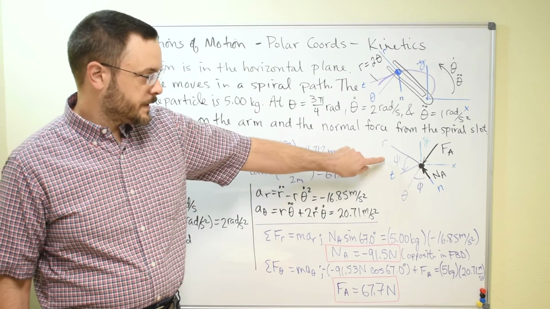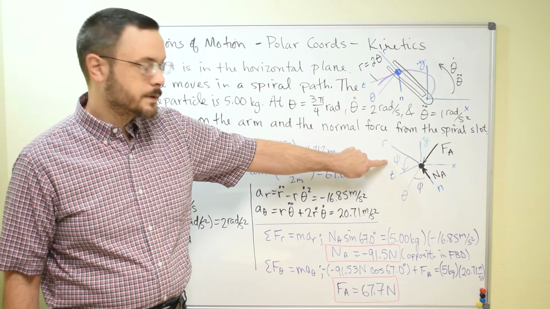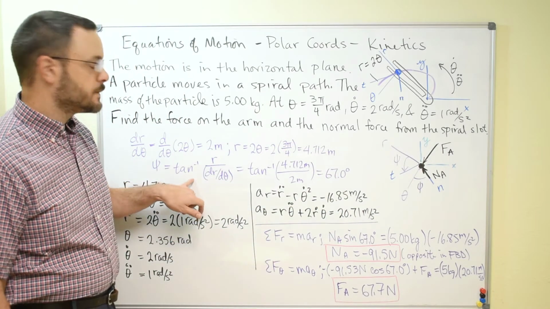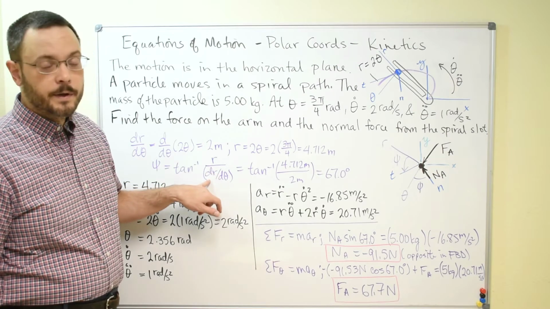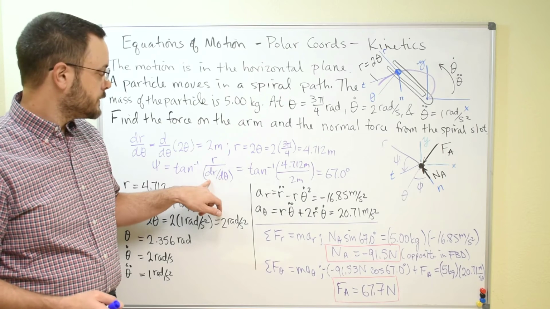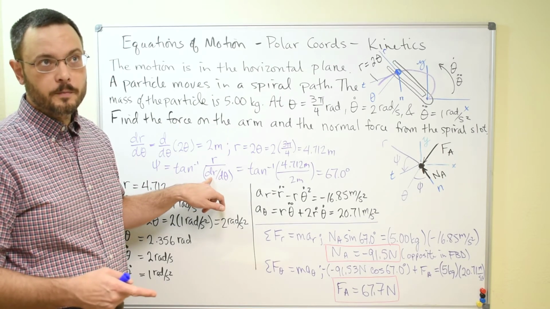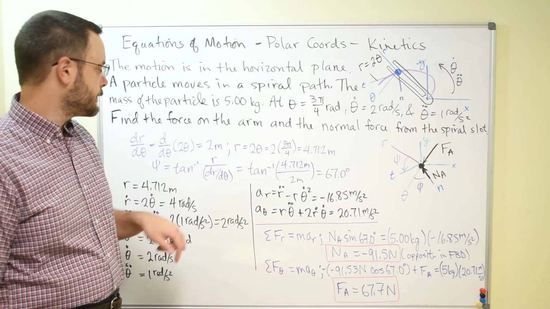So our first step with these is to relate the two coordinates together, and we can do this with this angle phi. This angle phi is defined as the inverse tangent of r divided by the derivative of r with respect to theta, so dr d theta.